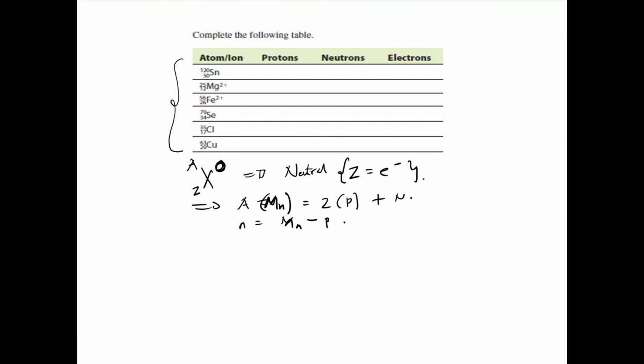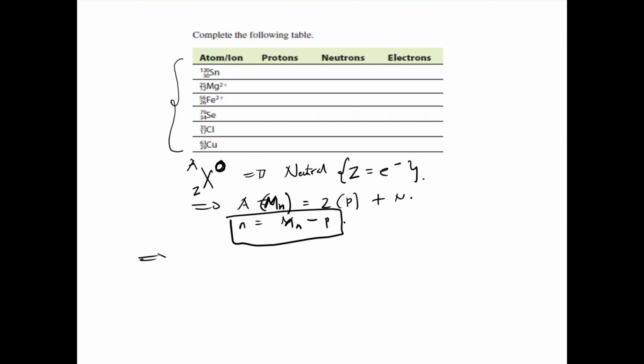That's just the simple analogy there. We use this formula to calculate the number of neutrons that we are required to calculate. Now, in any atom, whether neutral or not, the number of protons is equal to the atomic number. In this place now, let's take this chemical species one after the other.